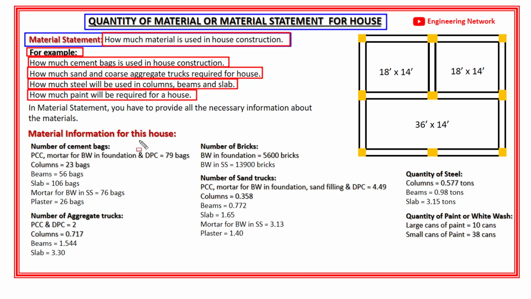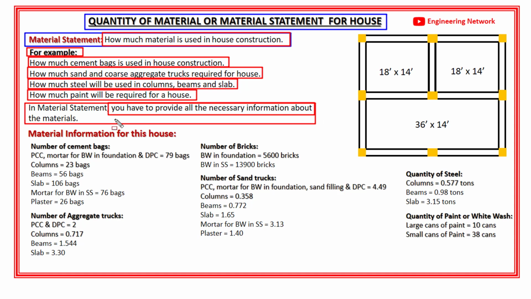So basically in the material statement of a house or building, you have to provide all this information about the materials which are used in the construction of a particular house or building. I hope you understand the material statement. But still, if you have any confusion, then you are welcome to ask me in the comment section.